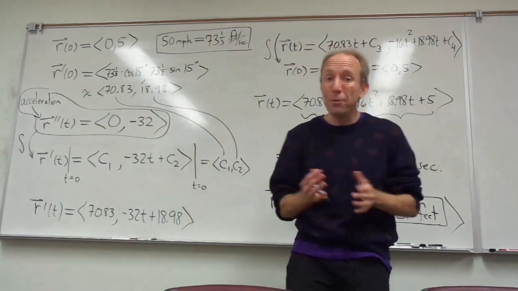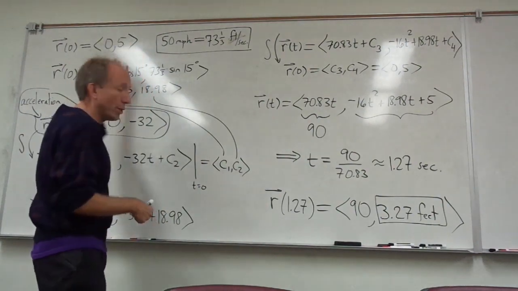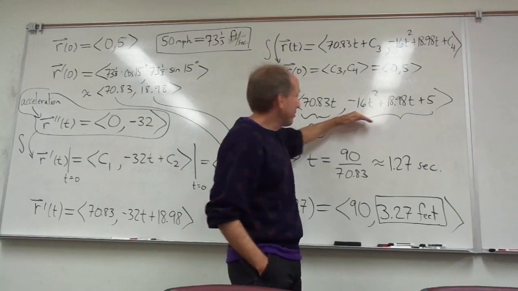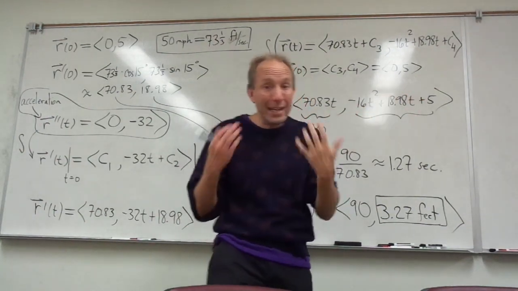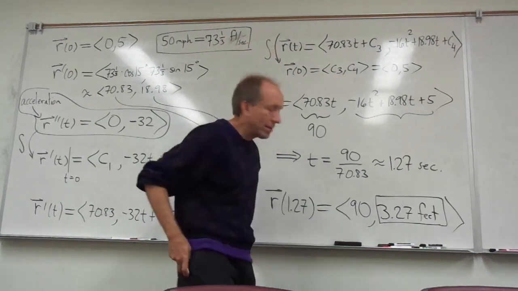We can figure those out by plugging in the t equal to 0 information. Once we've got this position vector, which is the whole goal, we can answer just about any questions we might get asked, including the one we just addressed.